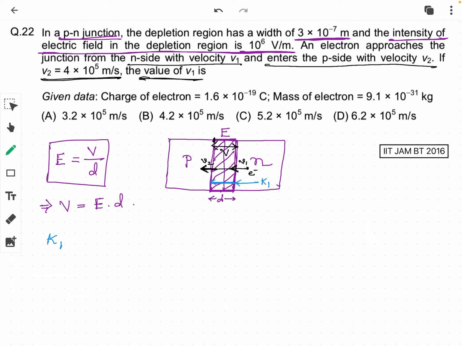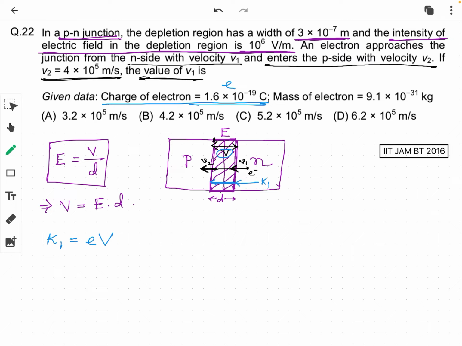How is it wasted? It is wasted as eV. Okay, so the part eV, that is e times V, where e here is the charge of electron, that is 1.6 into 10 to the power minus 19 coulomb, and V is the potential difference between the two sides, that is P and N side.